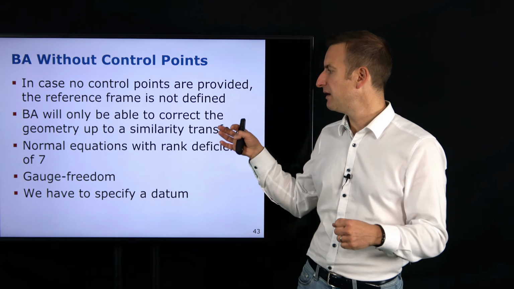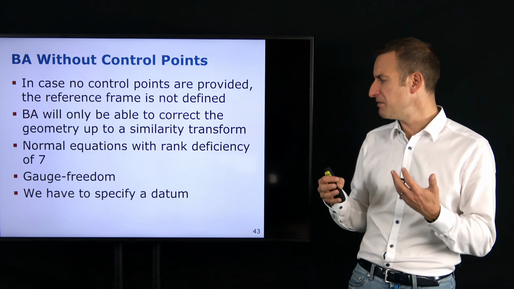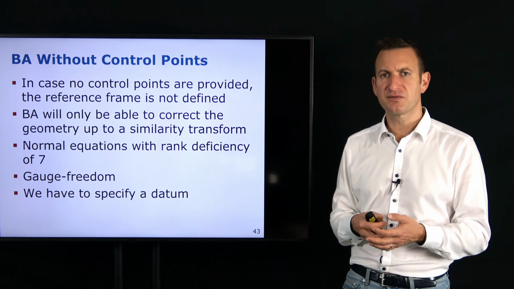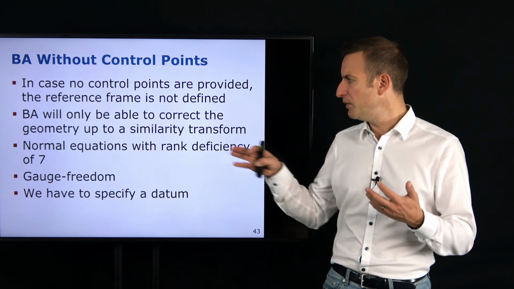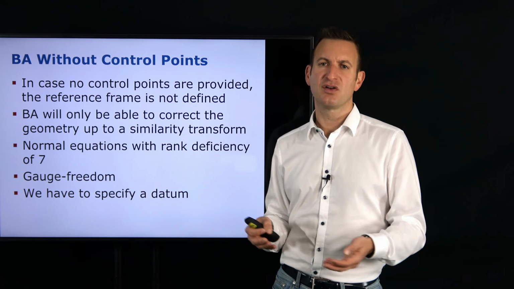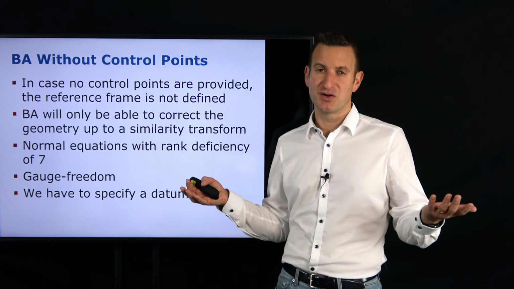So we have a so-called gauge freedom, and that means we need to specify a datum. We need to specify this 7 degrees of freedom, constrain the matrix, so that we kind of get rid of this rank deficiency, because otherwise our solver will most likely report an error to us, and then we don't know what to do, right?